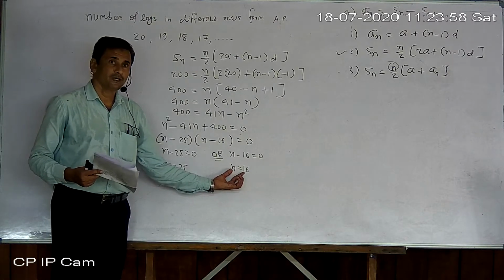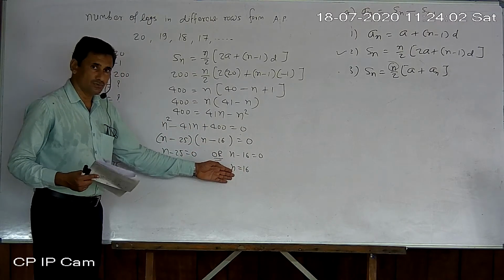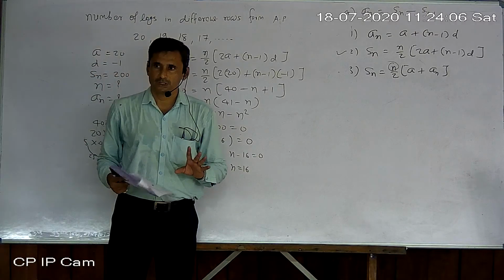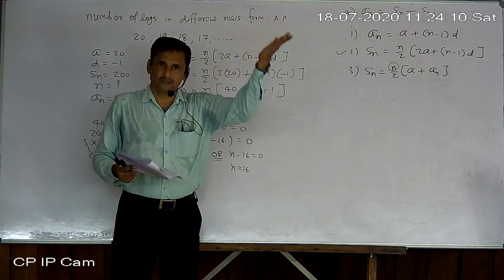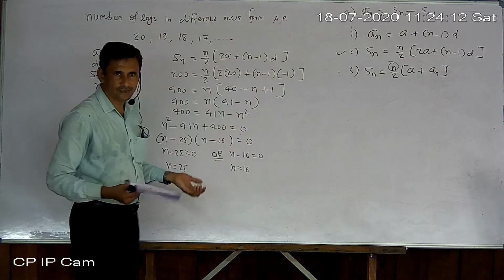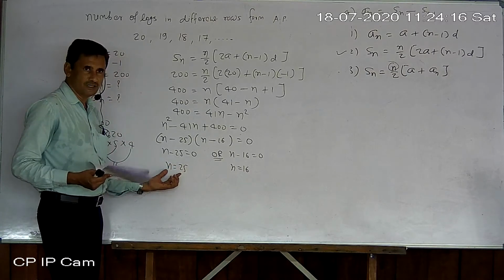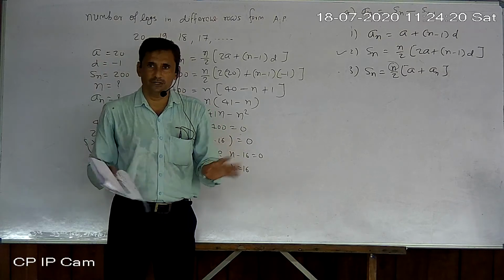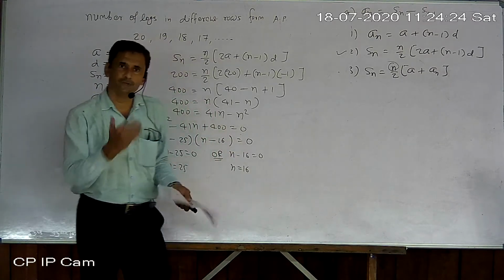Why? Because after the 16th row, all logs will be used. So after using all logs, how to proceed to the 17th row or 18th row? That is not possible. So practically it is not possible to take 25 here. If it were given directly without any word problem or real problem, then we could give both answers.